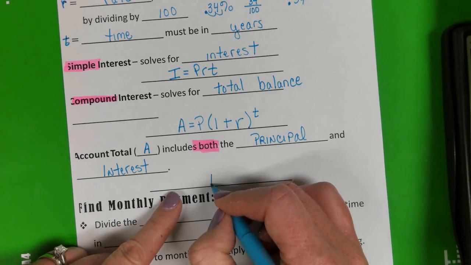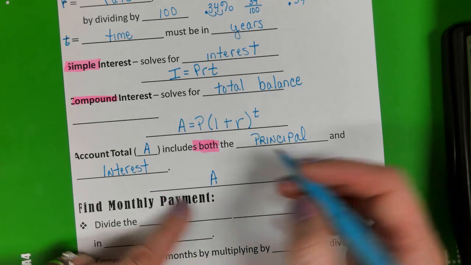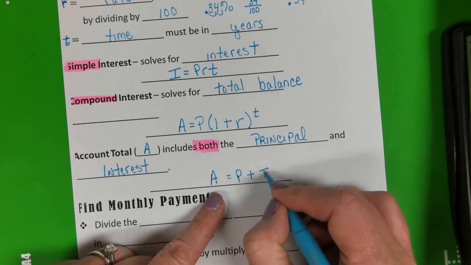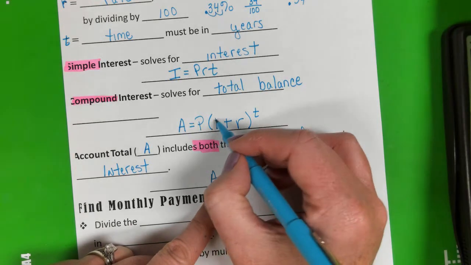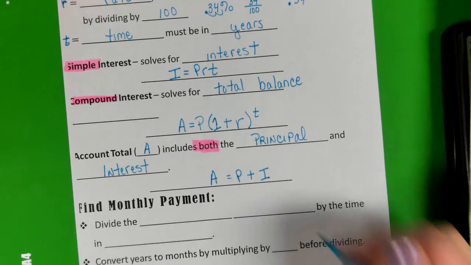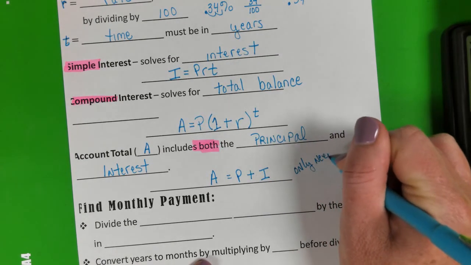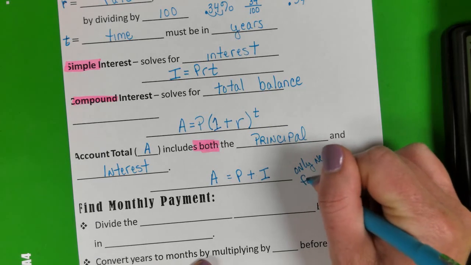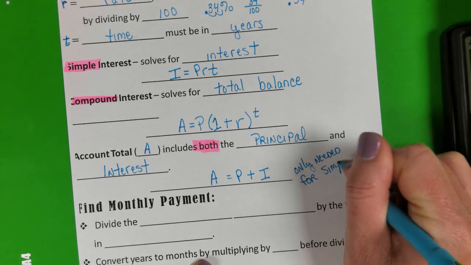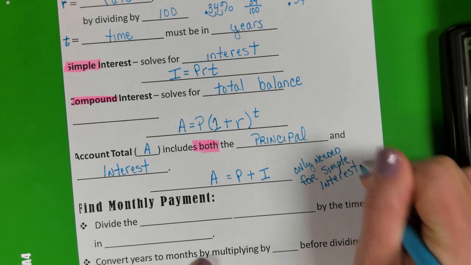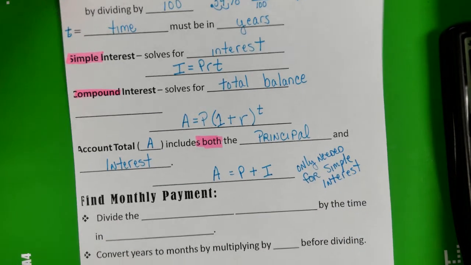For simple interest, to get the total balance, you have to do the principal plus the interest. But you don't have to do that on compound interest. This is only needed for simple interest. I'll give you a minute to write that down. It's only needed for simple interest.